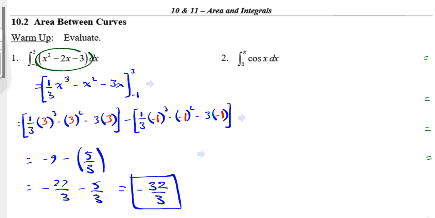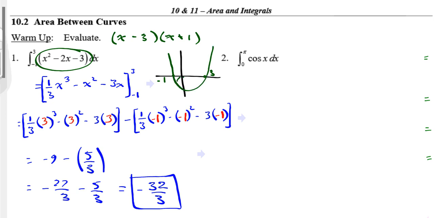If we looked at this in factored form, it'd be x minus 3, x plus 1. So it has zeros at +3 and -1, and our graph curves like this. We found this area, but because it's below the x-axis, it makes it negative.